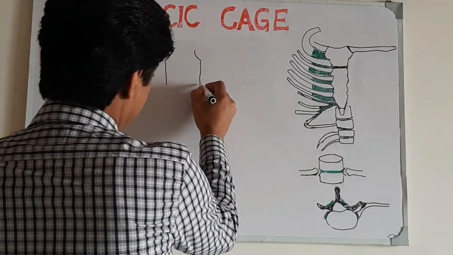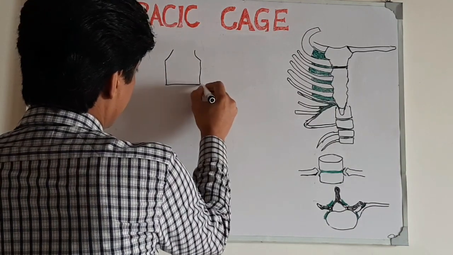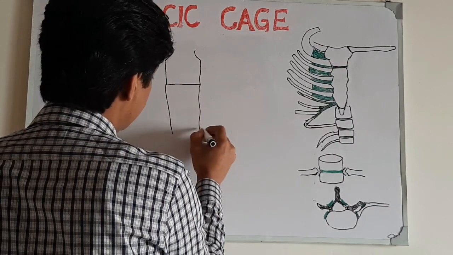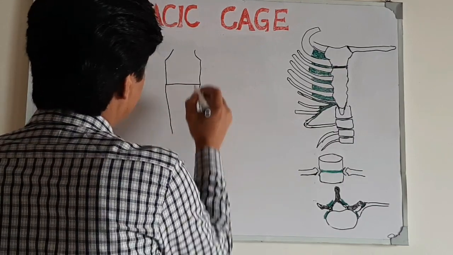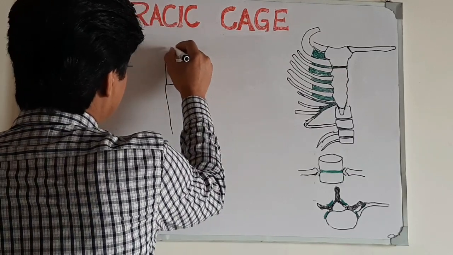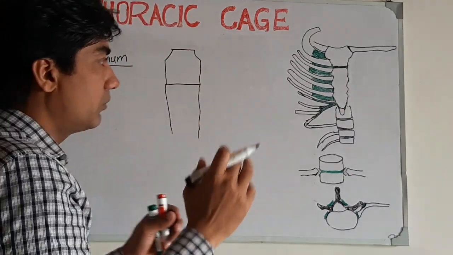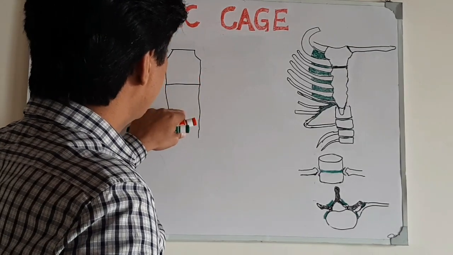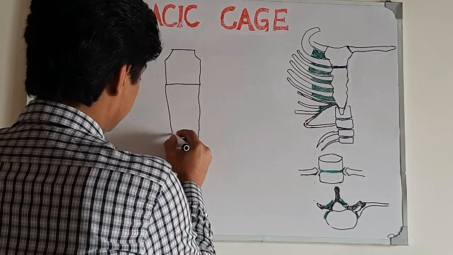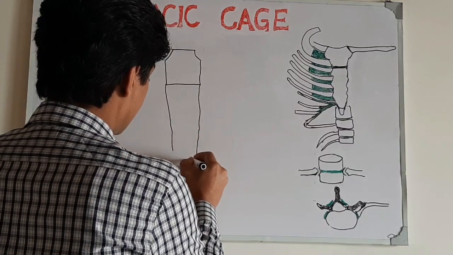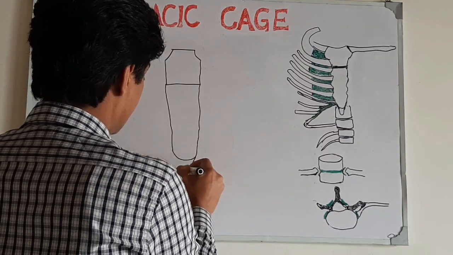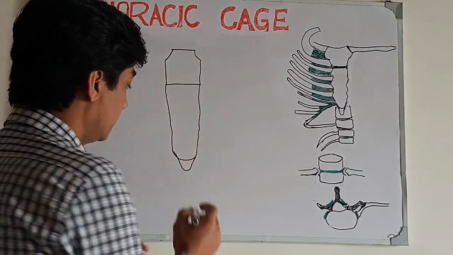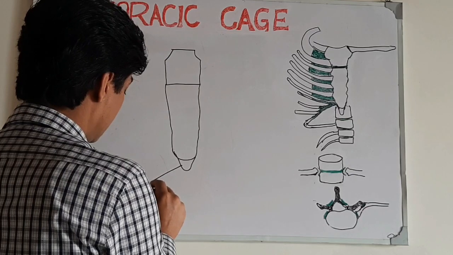The first superior broader portion is the manubrium. Beyond the manubrium, there is the body. And the last portion is the xiphoid process.